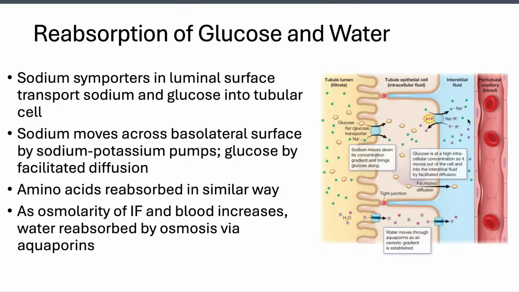Since it's high osmolarity, it's going to attract a ton of water from the tubule epithelial cell. And to replenish the water in the tubule epithelial cell, it'll get water from the filtrate, from the lumen. So since we want water here, we're going to take it from here, and to replenish the water from here, we're going to take it from here.